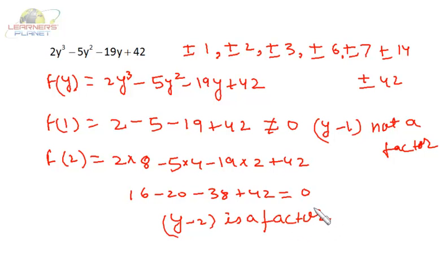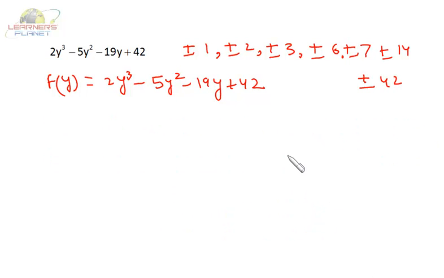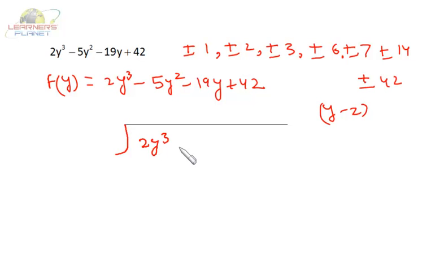Okay, now let's find the remaining factors. Just mention that y minus 2 is a factor. Now I divide this polynomial, that is 2y cube minus 5y square minus 19y plus 42 by y minus 2.